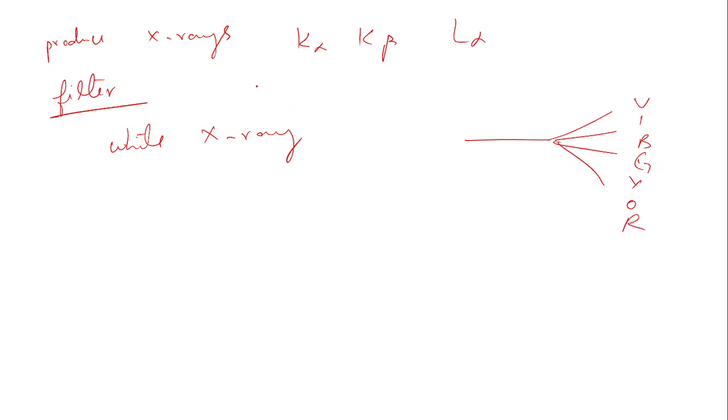Same here, if I'm talking about these different X-ray sources, then we call it a white X-ray source. And if using some filter I choose a particular wavelength, then we call it monochromatic X-ray, or we can call it by that name, K alpha X-ray, K beta X-ray, whatever we have chosen.